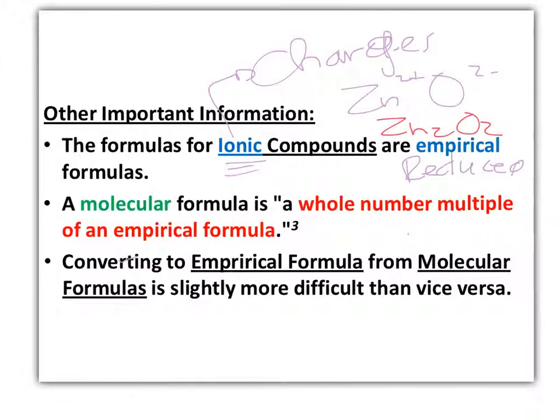Well, if you have, you've done it wrong. You know that it is always going to be reduced to ZnO. However, a molecular formula, and remember, a molecular formula comes from a covalent bond. The whole number multiple of an empirical formula is what a molecular formula is. And so, again, we're going to be able to do these things.